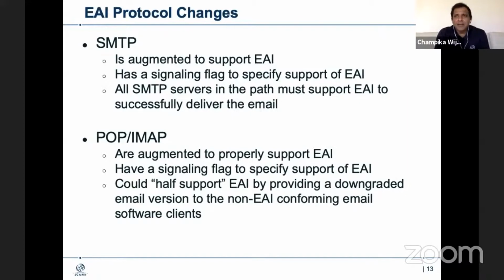And then from the mail delivery agent to the mail user agent, we use protocols like POP or IMAP, right? And all these protocols have to support email address internationalization. So the whole idea here is that if you are using mail server software, in mail servers, mail delivery agents, and so on, make sure that you enable the support for EAI. That is quite important.